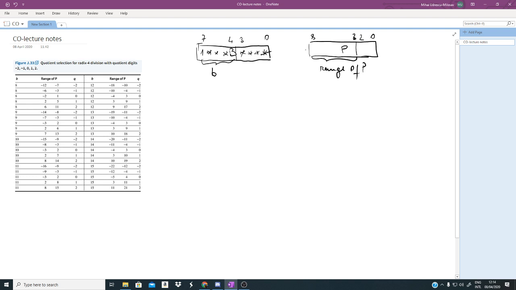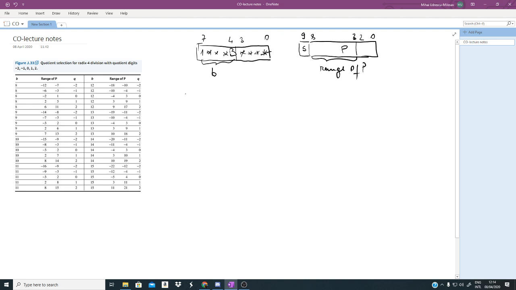But of note, we have to actually add one more bit here, right? Position 9, just because we need a sign bit, because we will make operations with 2b. We should subtract 2b or add 2b maybe. And we need an extra bit such that we can correctly perform operations with 2b as well.